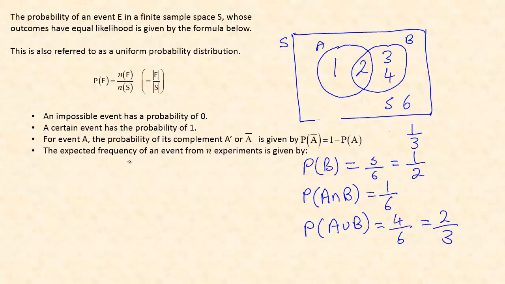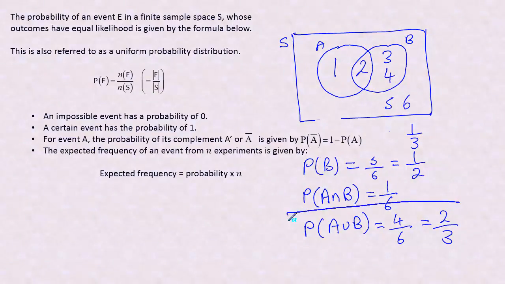The expected frequency of an event, if we do the experiment n times, is given by expected frequency is equal to probability times n. So what we're saying here, let's look at this one. A or B. Let's suppose that we roll the dice 600 times.